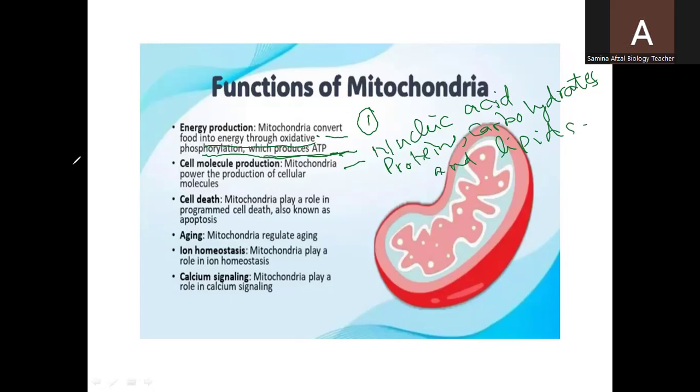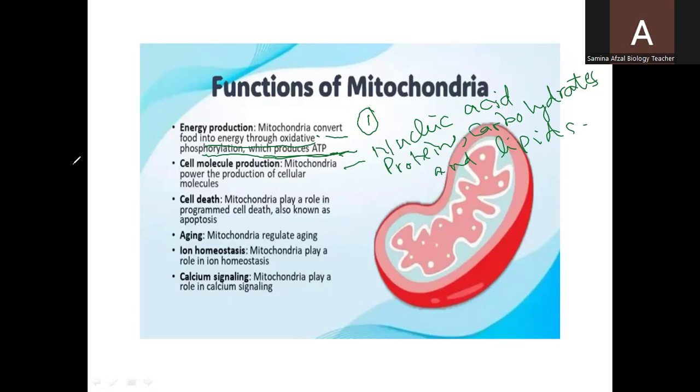And then cell death. Very important. Mitochondria play a role in programmed cell death. Programmed cell death is also known as cell demise or cell loss. We can say that when a biological cell ceases to function and dies, it can be a normal regulated process or a response to injury or stress.